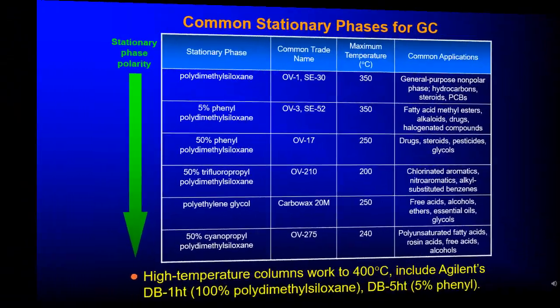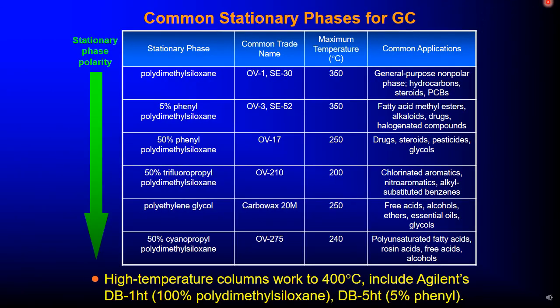Then common stationary phases. So these are some of the examples versus the temperatures that are needed, and it means that what you want to use the gas chromatography to separate will determine which stationary phase you choose.